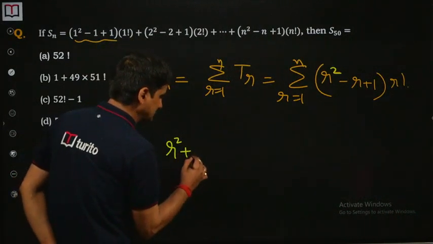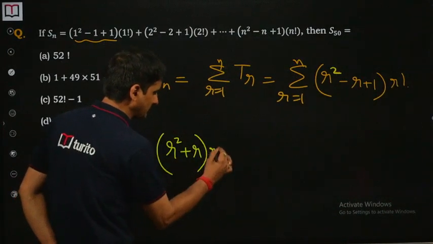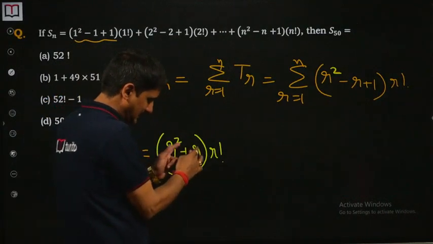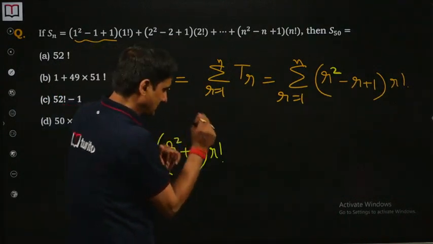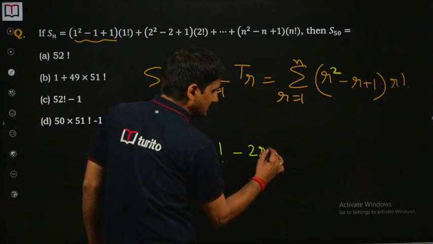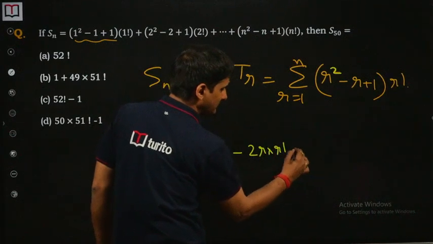Okay, r square plus r into r factorial. r will be common, r plus 1, right? So then I have added r, I need to subtract r. So minus 2r into r factorial plus r factorial.